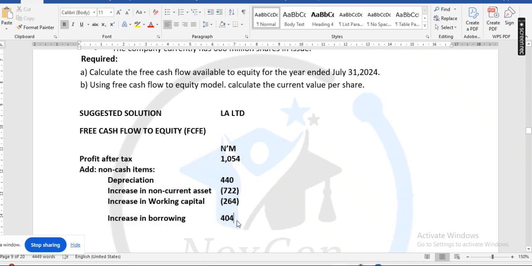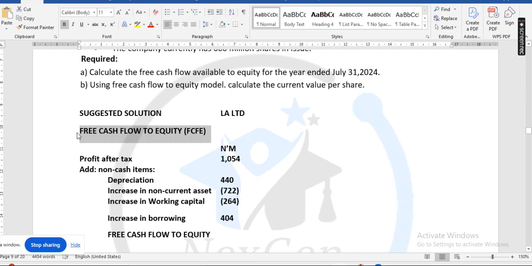912. Okay, 912. Confirm. Please don't abbreviate it. Free cash flow to equity, because they say it's for 2023. We're supposed to say computation of free cash flow to equity for the year ended. That is what we're supposed to do.